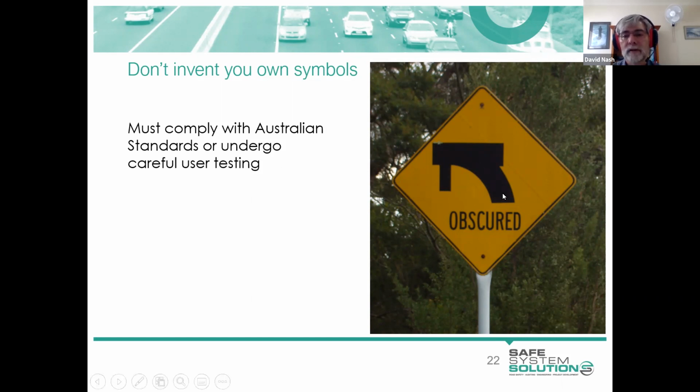But I'm sure that the sign is actually not helping that situation, because the obligation is on the driver coming out of the driveway to give way anyway, and it's very unlikely that a driver will slow down or be any more alert just because they've seen this obscure sign. Okay, so show care with new symbols.